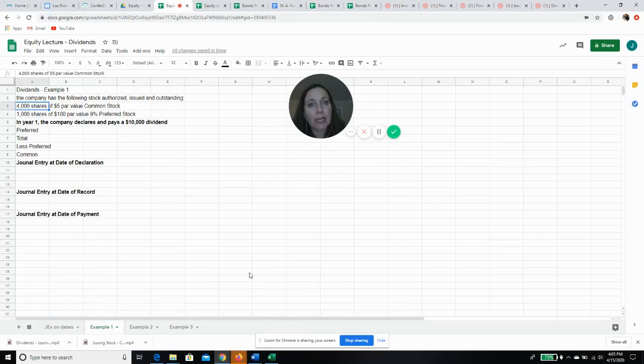Remember, preferred gets paid first. So the first thing we need to do is calculate how much we're going to pay to our preferred shareholders. I'm going to do this over the side. So it's going to be par value, which is $100, times the number of shares outstanding, which is 1,000, times the stated dividend percentage, which is 9%.